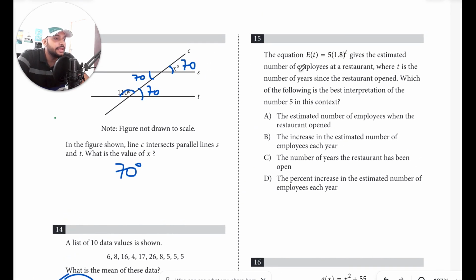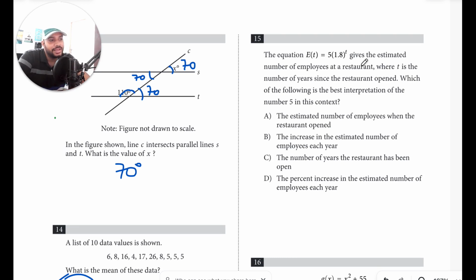Okay. The equation E of t is equal to 5 times 1.8 raised to t gives the estimated number of employees at a restaurant where t is the number of years since the restaurant opened. Which of the following is the best interpretation of the number 5 in this context? Okay. t is the number of years since the restaurant opened, and it gives the estimated number of employees at a restaurant. So if you see, the number of employees is rising steadily, which should happen if the restaurant is working fine.